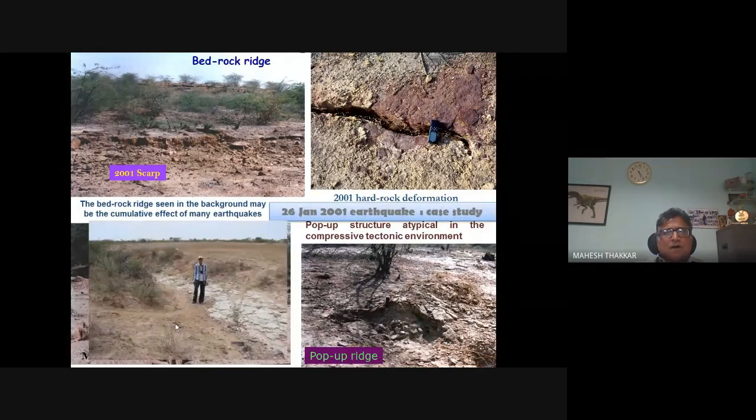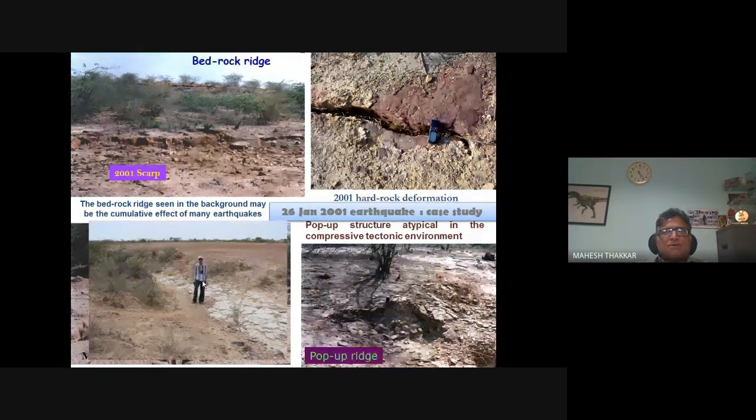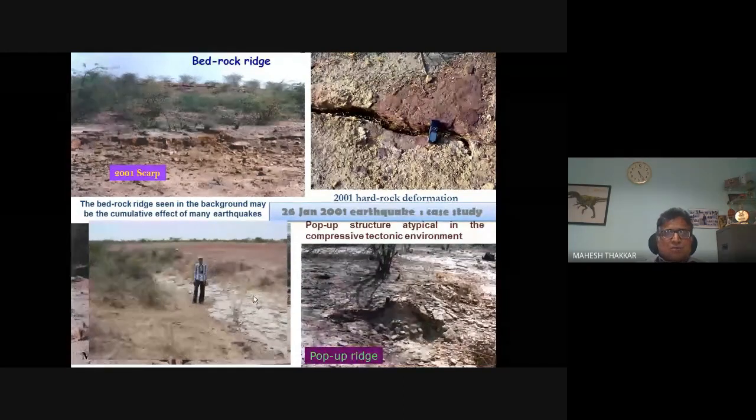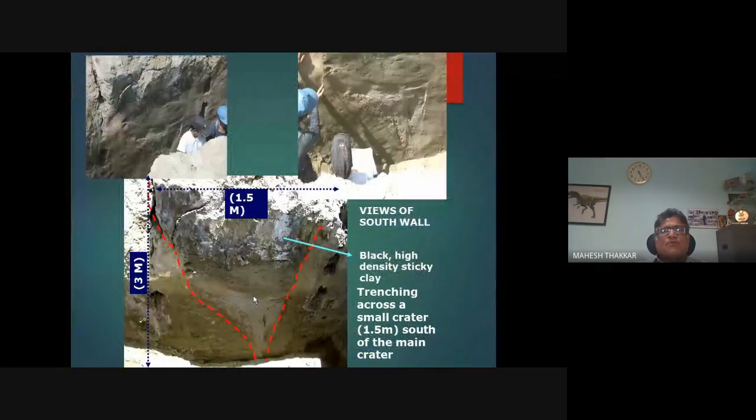Okay, this is 2011. The same place we have a small stream. Everything is gone. So you don't know whether a small fault occurred here. It is now a small stream at the place of the fault.